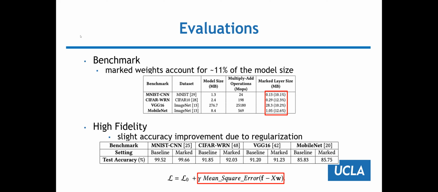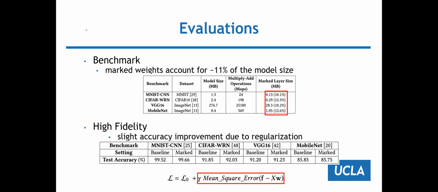As you can see down here, this is the test accuracy. After marking the model with the fingerprint, using the loss function shown down here, you can see that the test accuracy does not drop and some even improved.